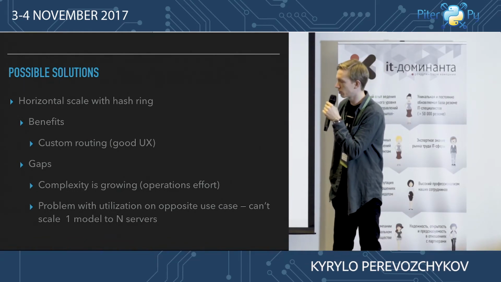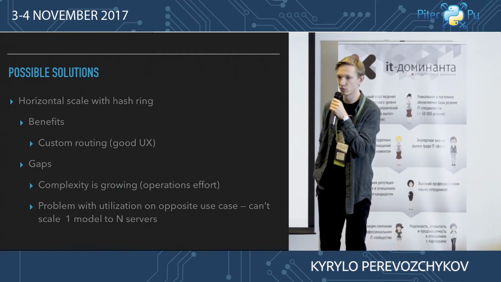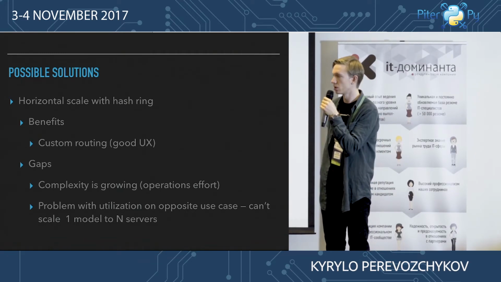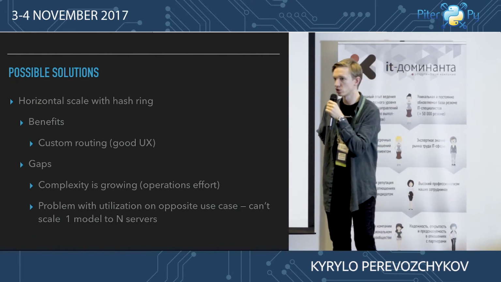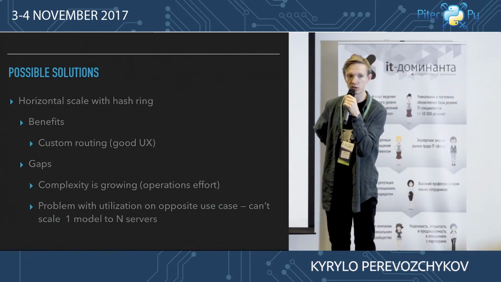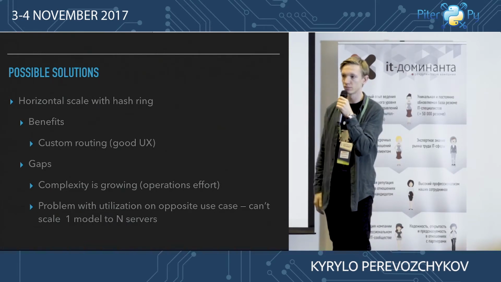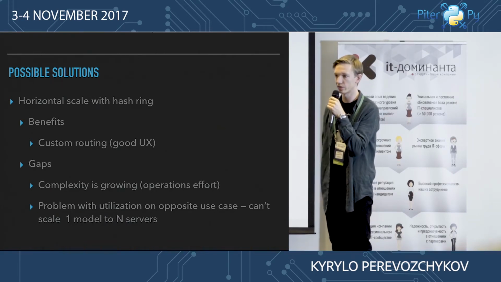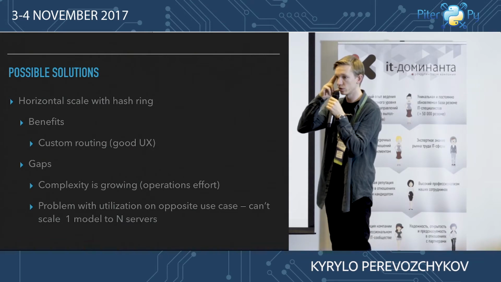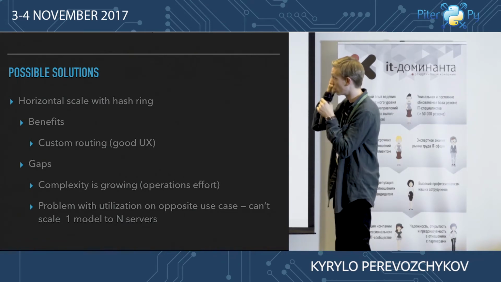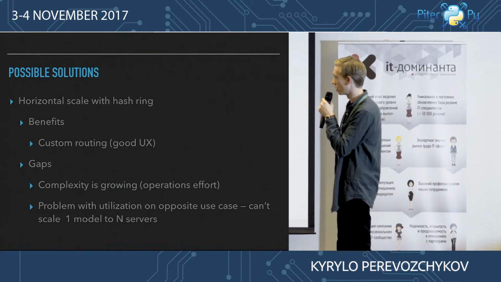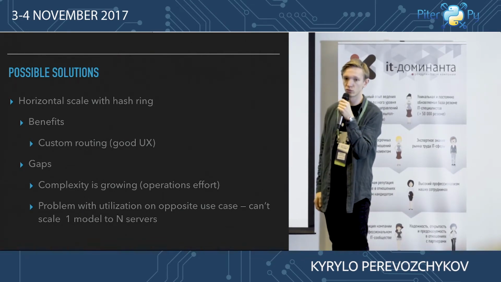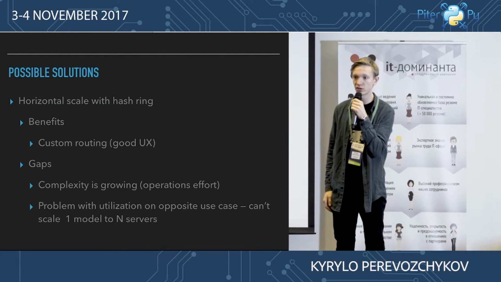The first solution tells us, let's scale it horizontally, because it's too difficult to scale it vertically. Let's distribute it to different machines, and we will be mapping it accordingly, and the requests will go to different models, and we will be routing it to the server where the model is located. On the face of it, everything looks fine, but what's the issue then?